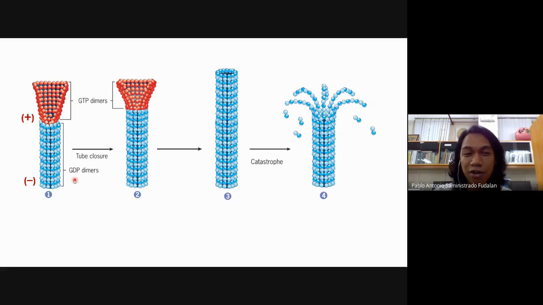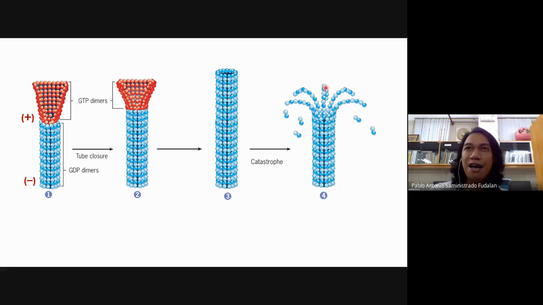Meaning they have already used up their GTP in the positive end, in the beta end, and those have become GDPs. So the red, the beta, is still GTP, but with the help of GTPase, it will be converted into GDP and the microtubule closes here. However, there is this random or spontaneous disassembly from the plus end.